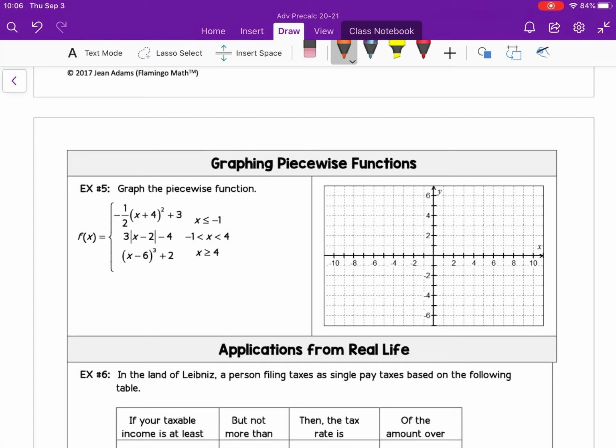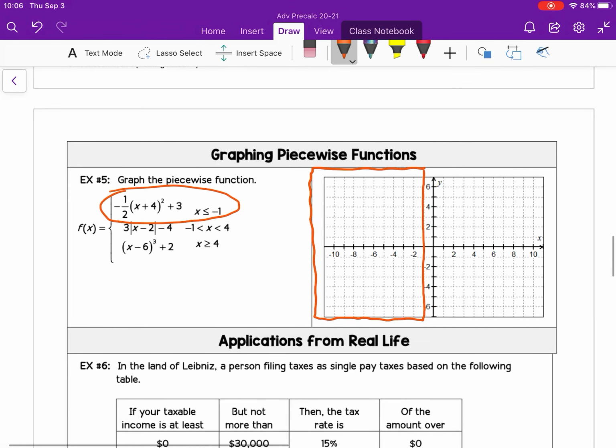All right. So now we're looking at this as a lot of prior knowledge. So I'm hoping that the idea is sticking where I'm looking at each piece. So I know that piece number 1 is going to be somewhere here because it is less than or equal to -1.